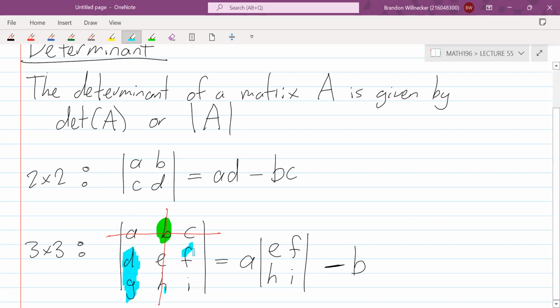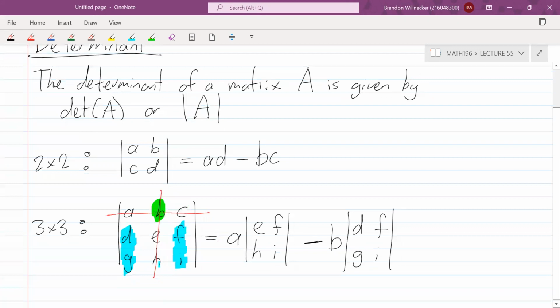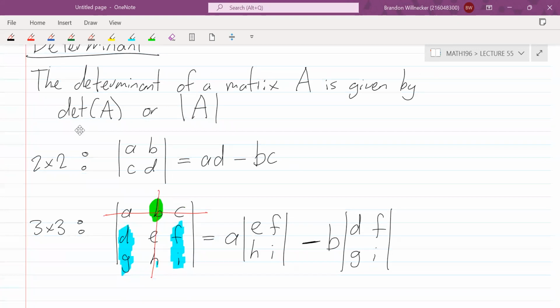So that is this, D, F, G, R. And we take the determinant of that. Then it's going to be plus C. So you see how the signs alternate. It's plus A minus B plus C.